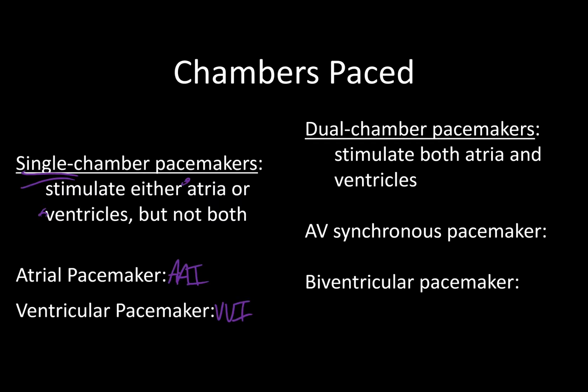The other side of it would be the dual chamber pacemakers. And in that case, it actually is capable of stimulating both the atria and the ventricles. And this is really, really cool because it allows us to do something called AV synchronous pacing. An example of that would be DDI, and you can go back to the previous slide to look at that classification closer.